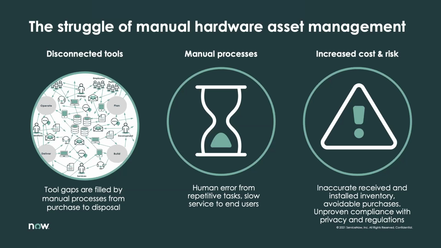Tool gaps are filled by manual processes, so lots of Excel spreadsheets, lots of emails, phone calls, and so on. Any kind of increase in manual processes means an increased opportunity for human error from repetitive tasks and slow service to end users. And finally, increased cost and risk, right? Inaccurate received and installed inventory, avoidable purchases, unproven compliance with privacy and regulations.